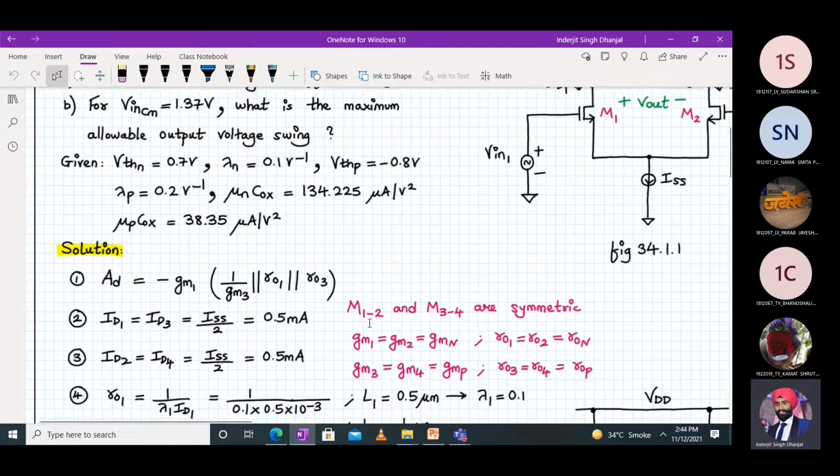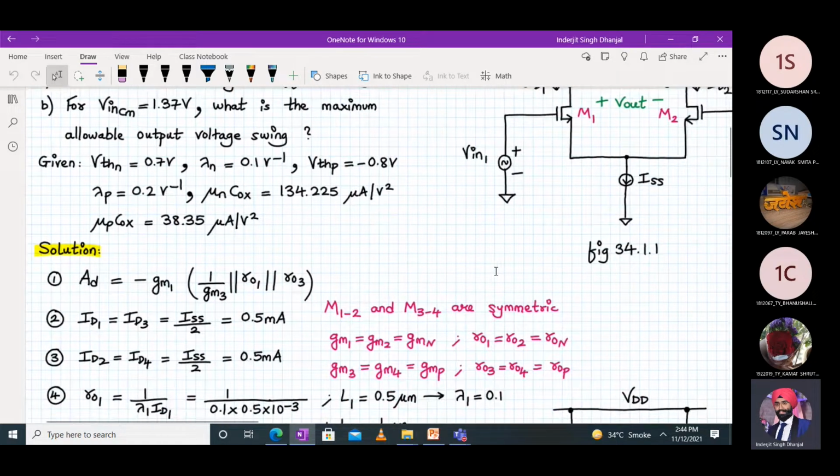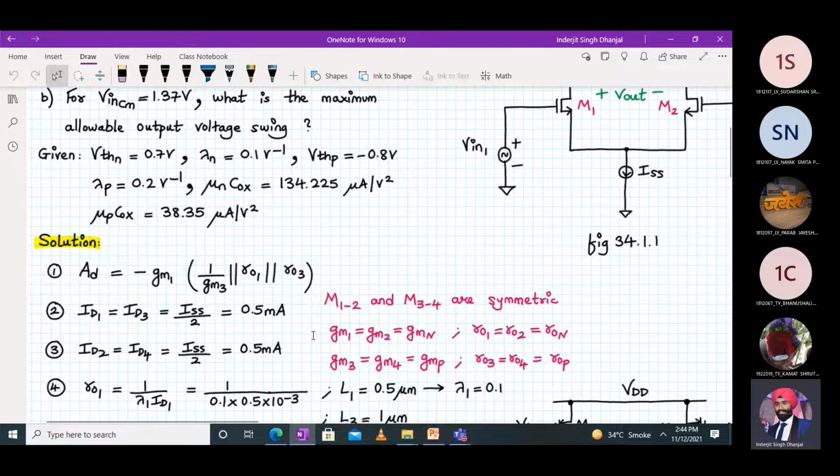Here M1 and M2 are the NMOS transistors and they are symmetric. So GM1 is equal to GM2, which is equal to GMN, and GM3 and GM4 are the same, equal to GMP. Similarly, RO1 is equal to RO2 is equal to RON, and RO3 is equal to RO4 is equal to ROP.